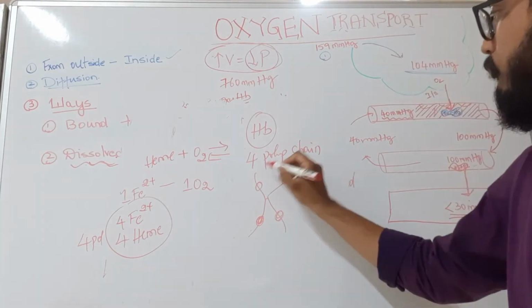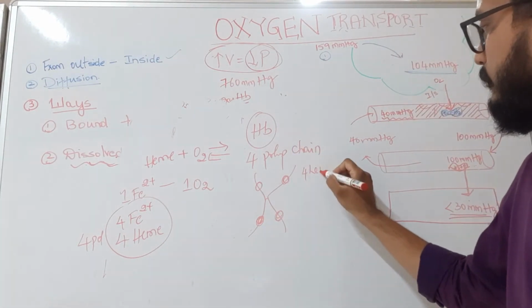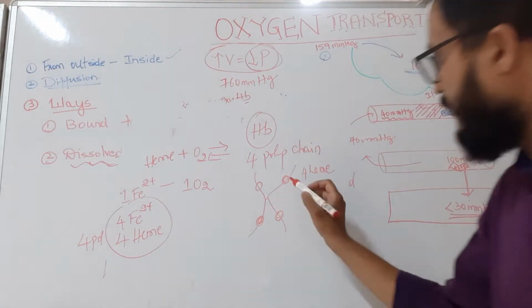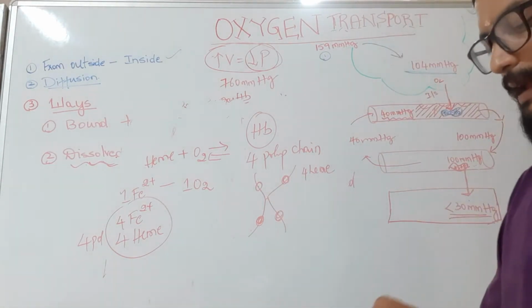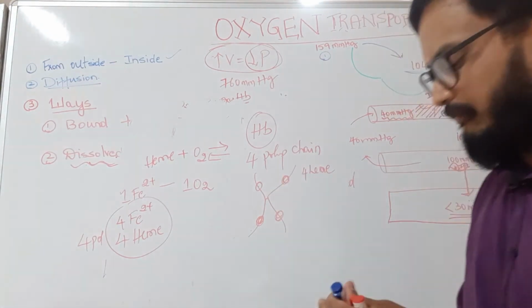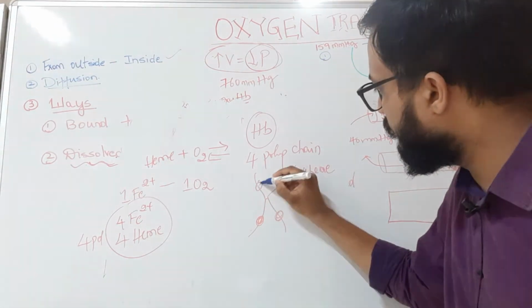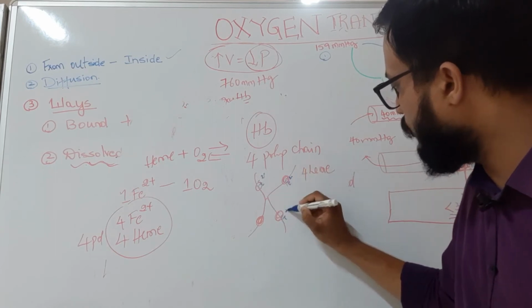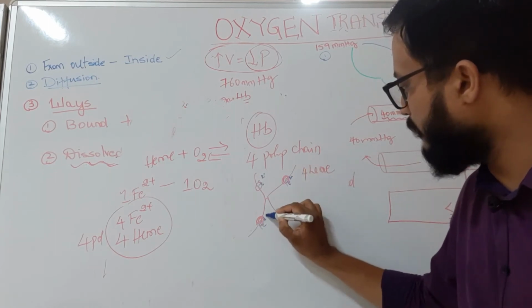So there are 4 heme molecules, and each heme molecule has got Fe2 plus.